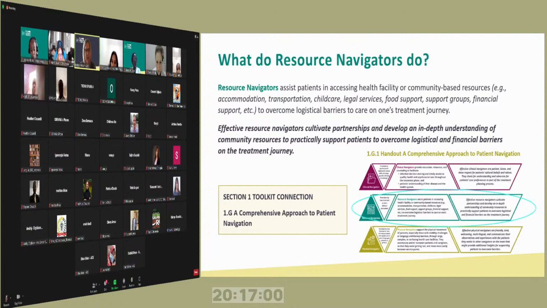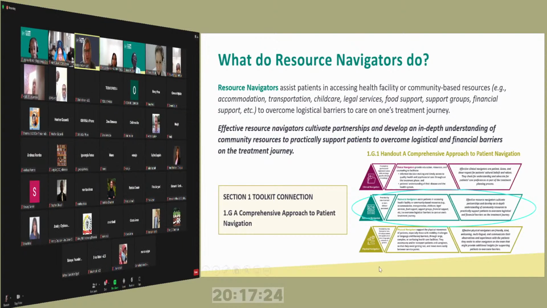And all of that is to overcome these logistical challenges and logistical barriers to care on one's treatment journey. One of the things that is really important in our experience with resource navigation is that these types of navigators cultivate partnerships and really develop that in-depth understanding of community resources that will practically help patients to overcome these logistical and financial barriers.